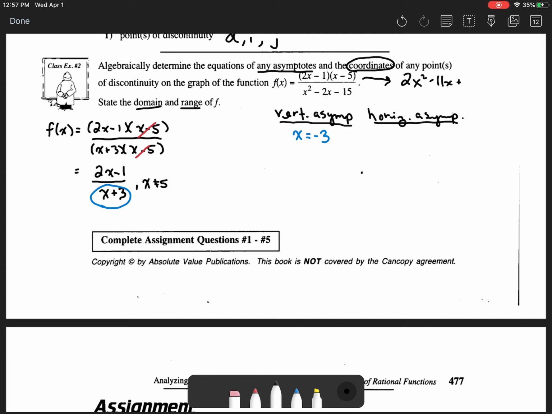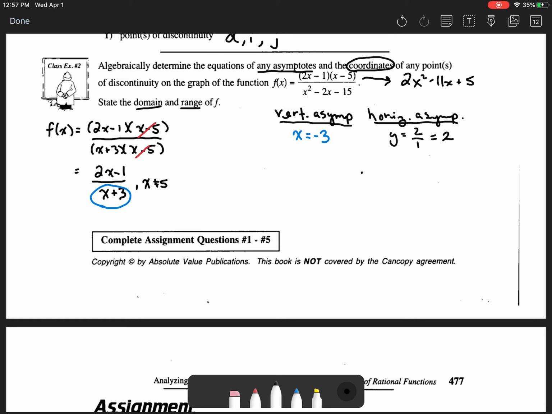So it actually is a degree 2 function. And the degree of the denominator is also degree 2. So I would create a fraction using the leading coefficients. So y is equal to 2 over 1, which just simplifies to 2. So your horizontal asymptote is occurring at y is equal to 2.